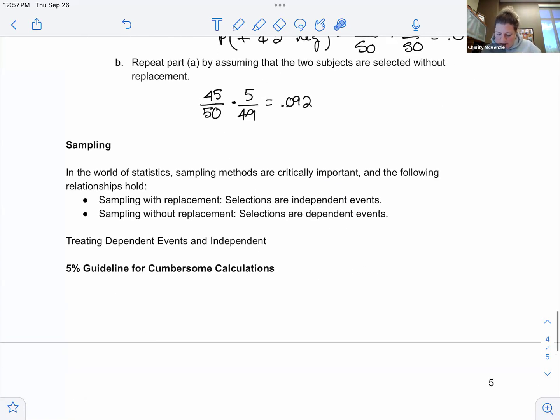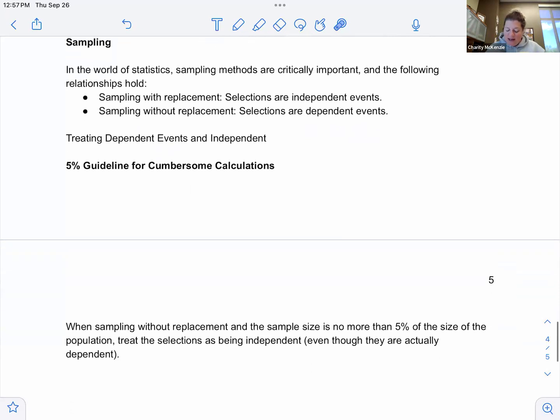All right, we talk a little bit about sampling. I've already said this, you're independent if you sample with replacement, without it you're dependent, so those are there. We have this rule, the 5% cumbersome rule. We can just treat things as independent, even if they're not, if we're talking about such a low number.